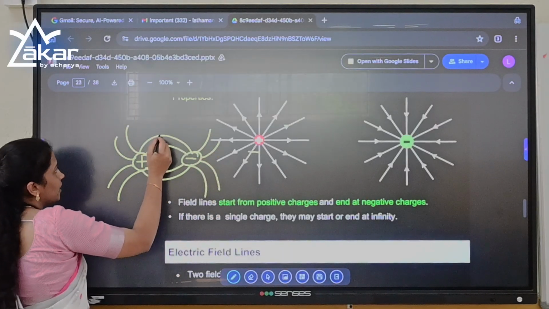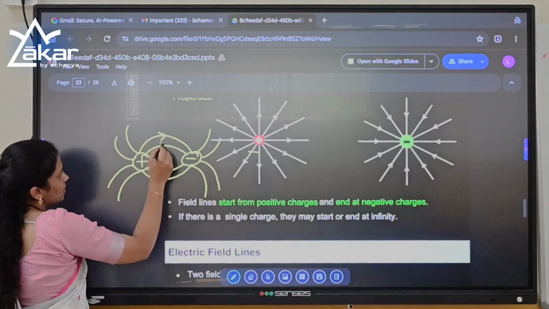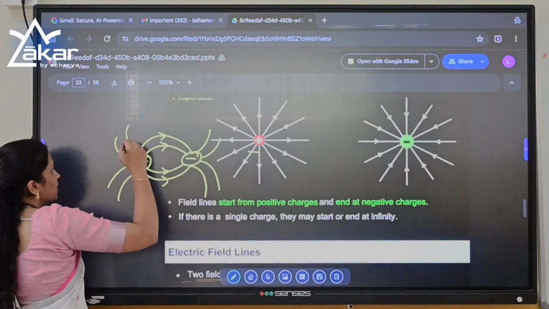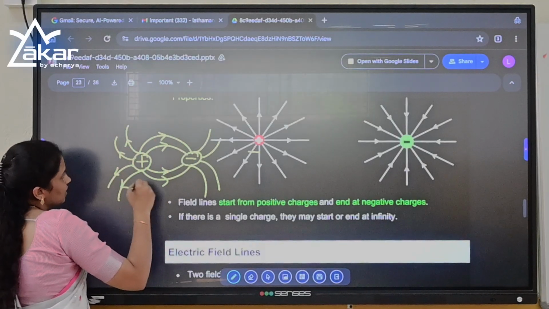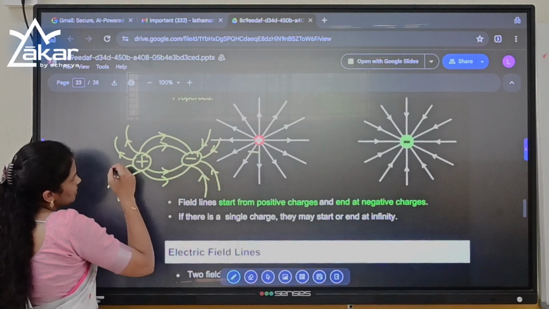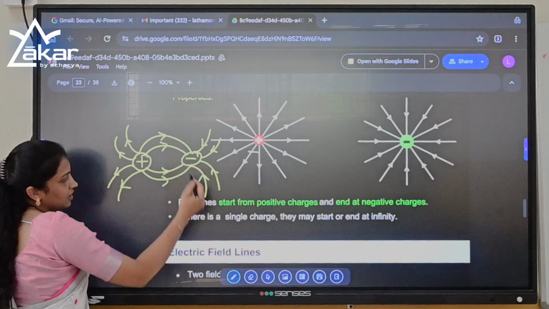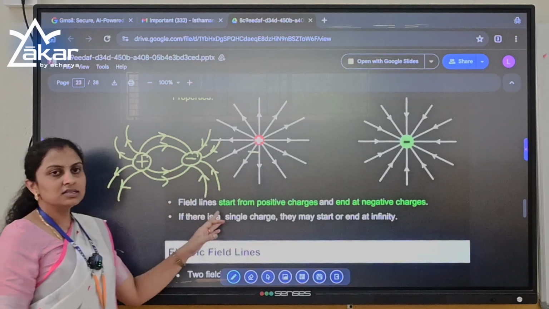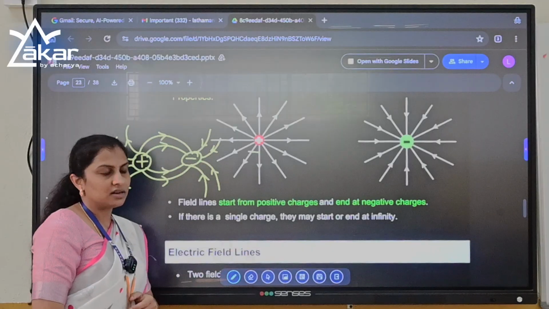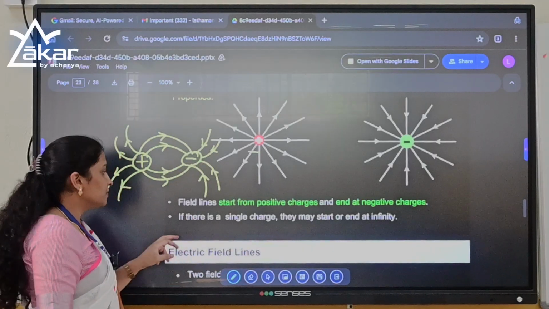So positive outward, negative inward direction. So field lines start from the positive charge and end at the negative charge. This is one of the properties.